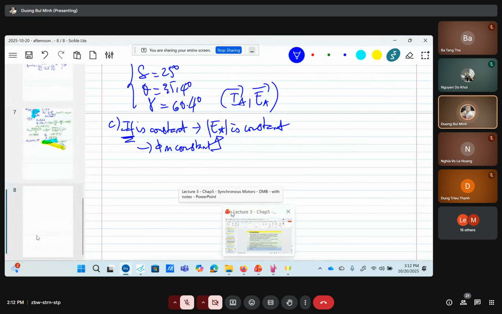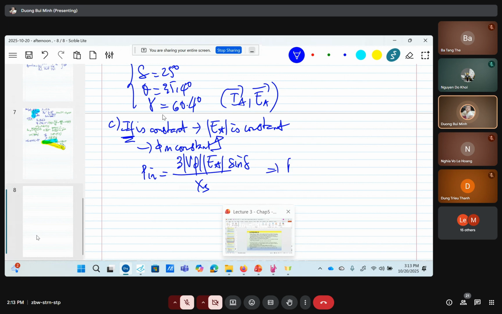So we have the formula, right? We have P in equals 3 V phi EA sine delta over XS.